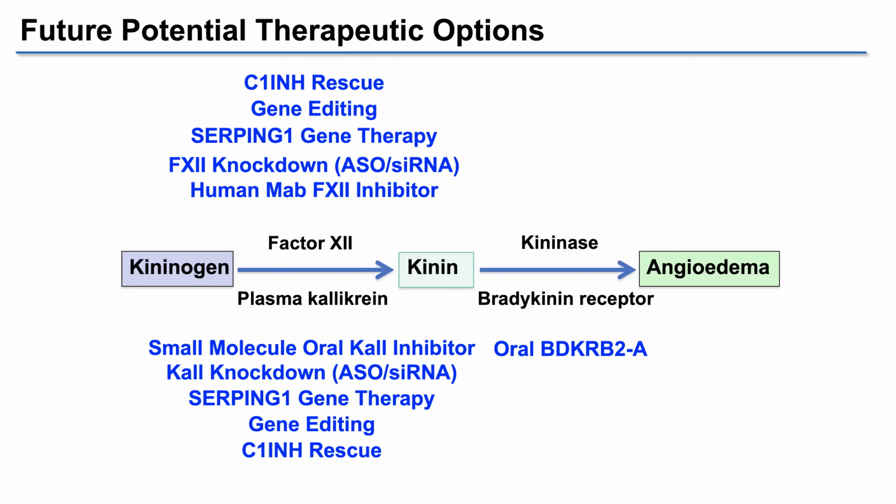But I will make a prediction that not all forms of HAE normal will respond to lanadelumab. All right, well, that'll be next year's talk. And I'm sorry that I can't say more right now.